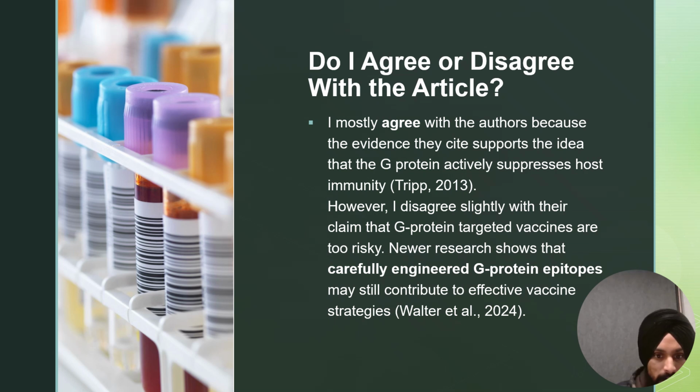They base this on early trials where G protein vaccines caused aggressive immune responses, but those were older technologies. With more modern vaccine engineering, I think there is still potential for safely targeting the G protein. Overall, I agree with the main point, but the concern about the vaccines is a bit too strict.